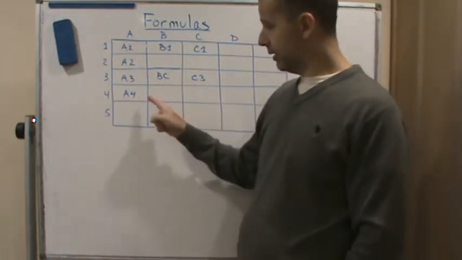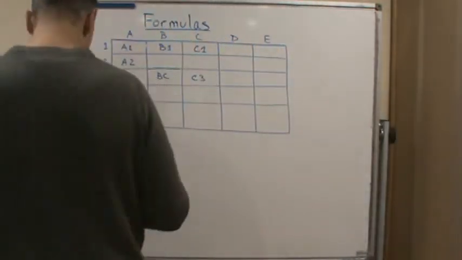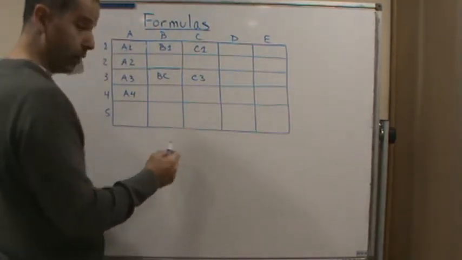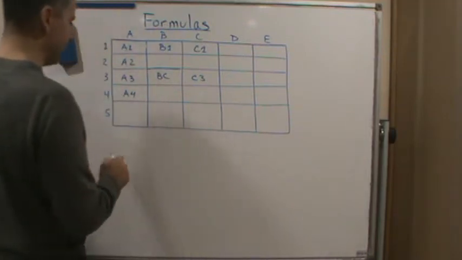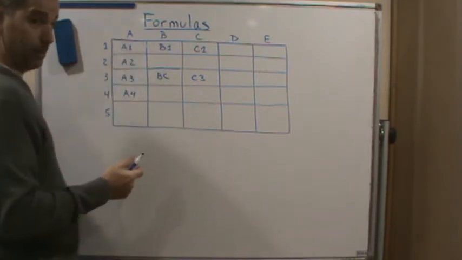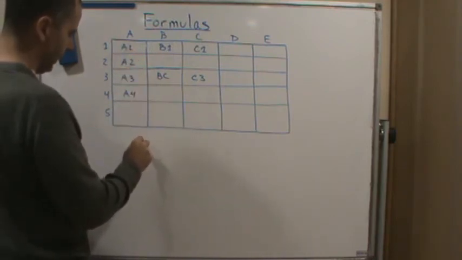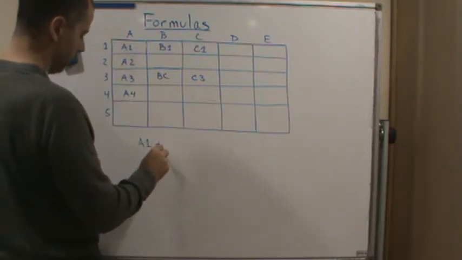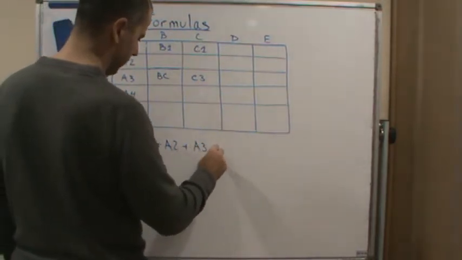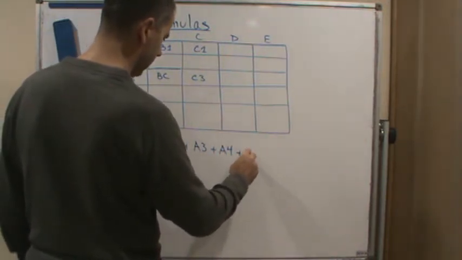For example, if I want to add some things together, say I have 5 numbers in here and I want to add them up, one way I could do it is reference these cells and say A1 plus A2 plus A3 plus A4 plus A5.